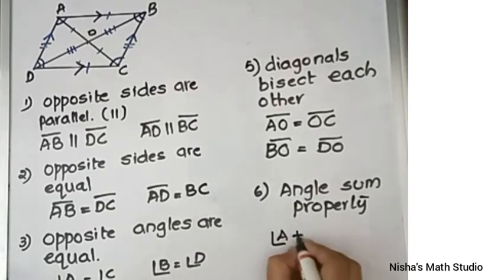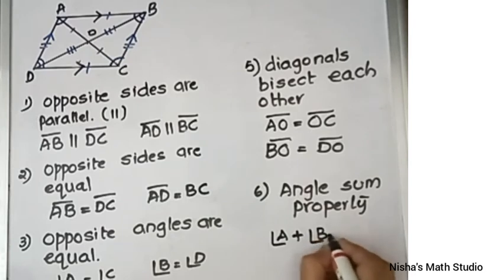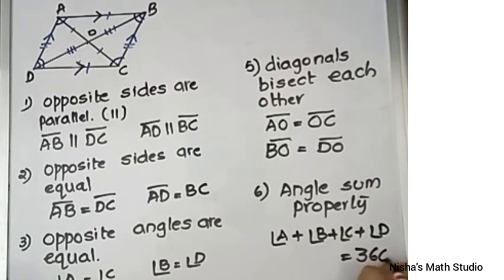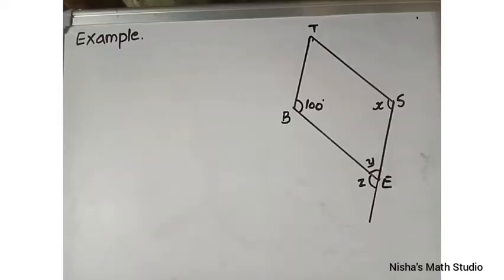That is angle A plus angle B plus angle C plus angle D will be equal to 360 degrees. If you understand these properties, plus if you can name the correct elements, you can solve any type of problem that comes under this. Let's try to understand this with an example.